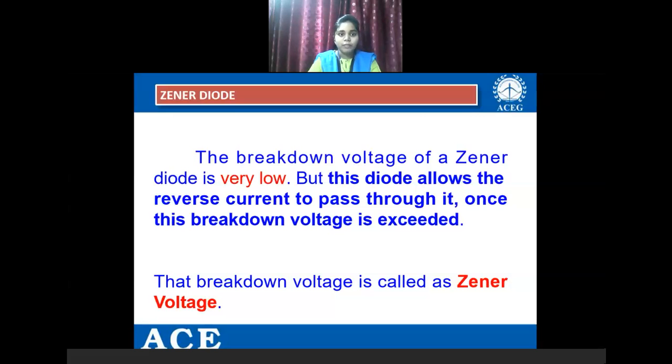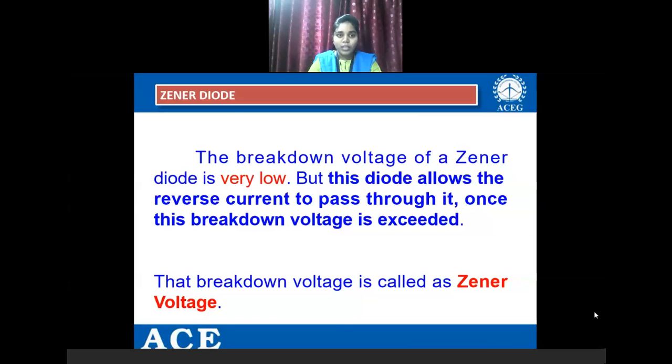Now the question is why this is happening? Because a Zener diode is heavily doped and it has a thin depletion region. Depletion region width is less and it is heavily doped. That is why we got this kind of behavior of a Zener diode.